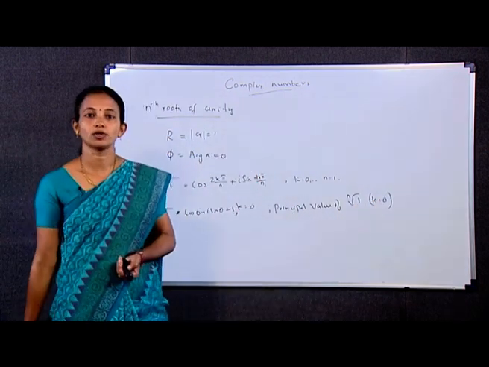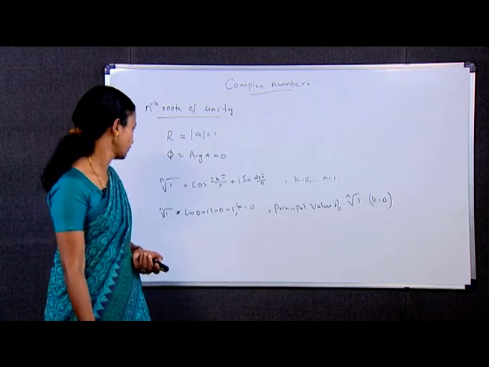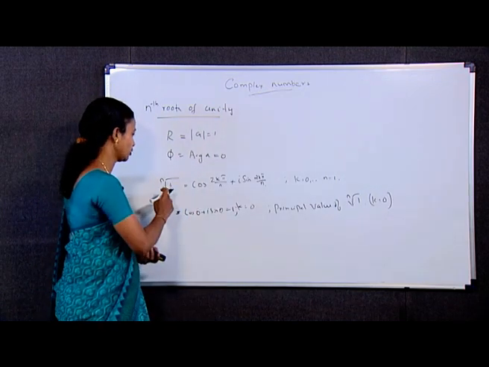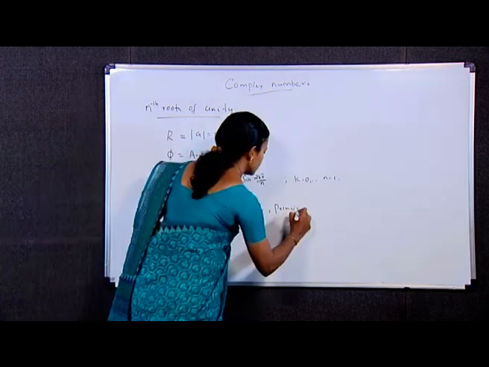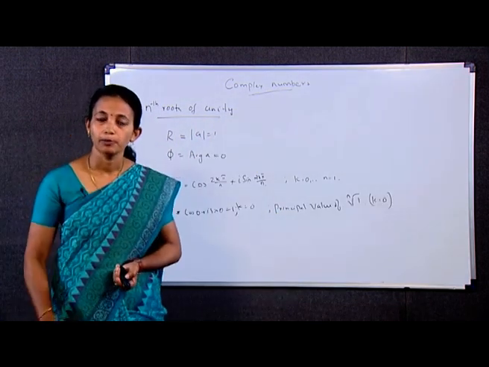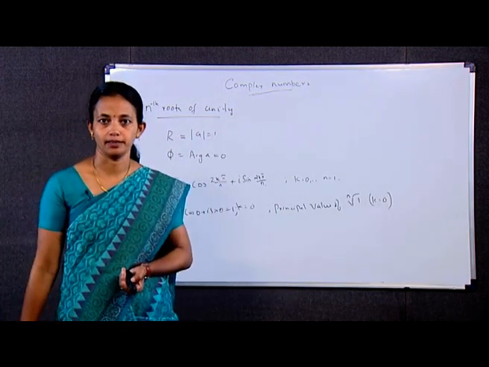When k is equal to 1, what do we have? We have the nth root of 1 equal to cos(2 pi by n) plus i sin(2 pi by n).